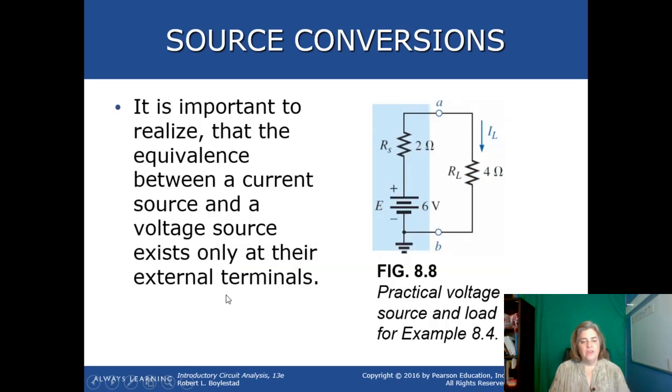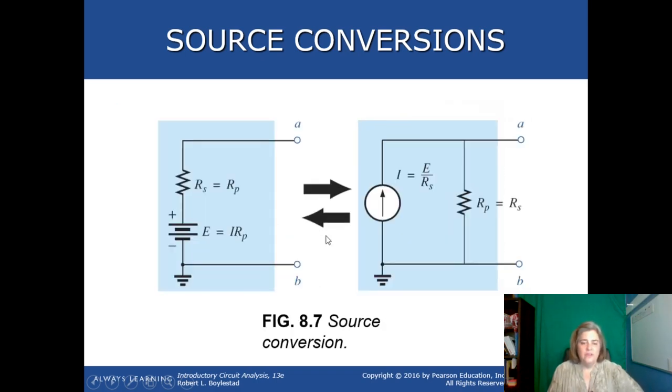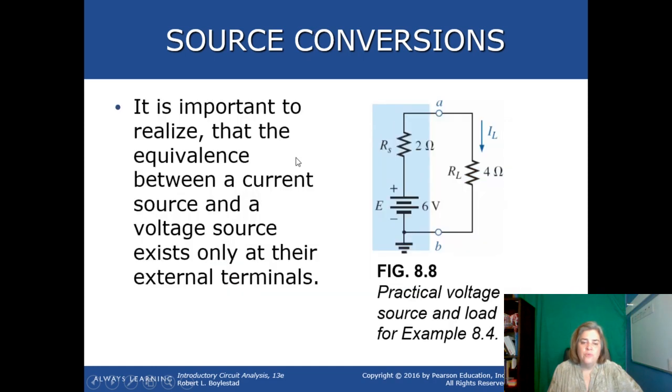Okay? So now keep in mind, when we make this conversion, if I convert this to its equivalent current source, we have to have the same voltage and current across the load. Otherwise they're not equivalent sources. They're only equivalent sources if they give us the same output, right?